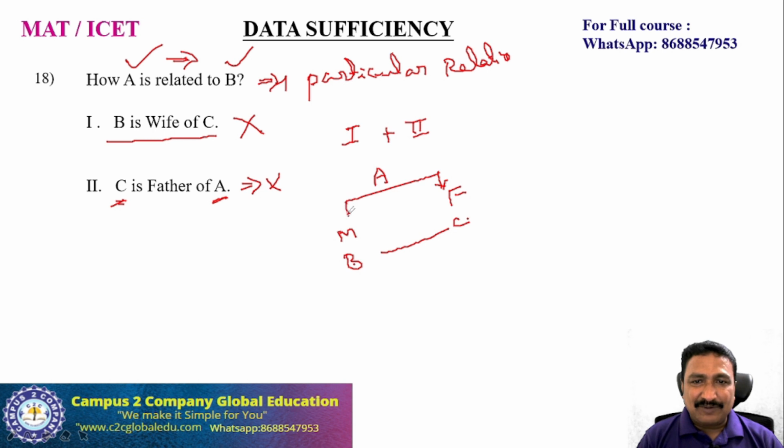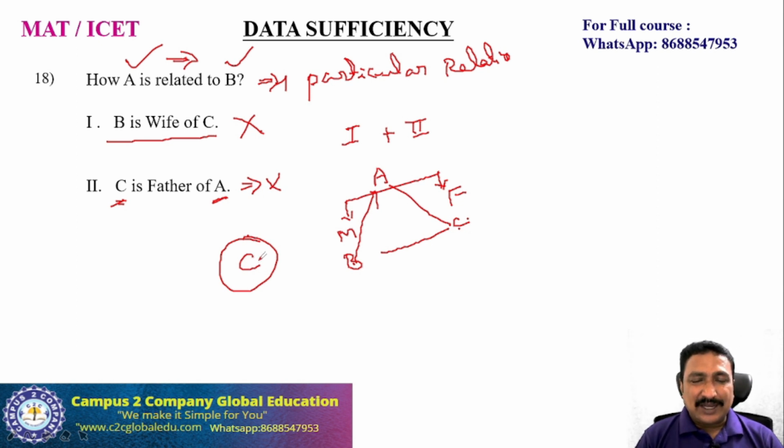So when A is the son of C and C is the husband of B, automatically B is the mother of A. So in this case, the answer is C. By combining, we can decide the answer.